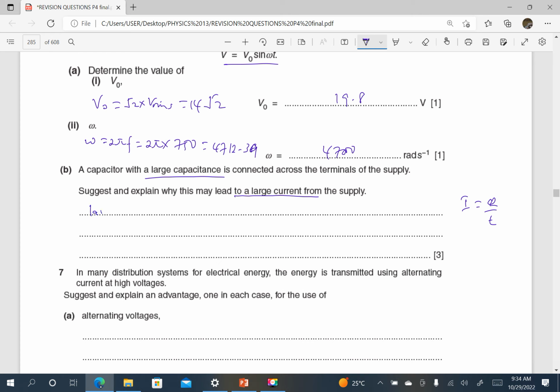So a large amount of charge is required to charge the capacitor.